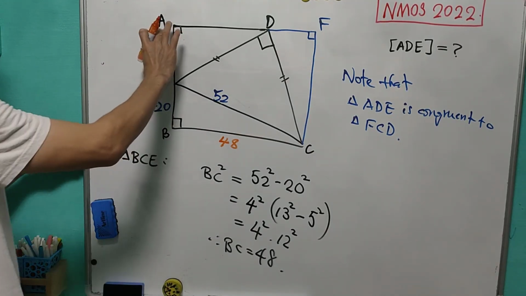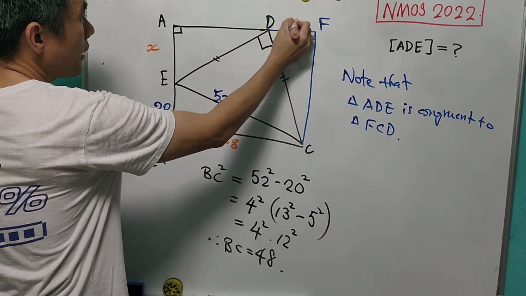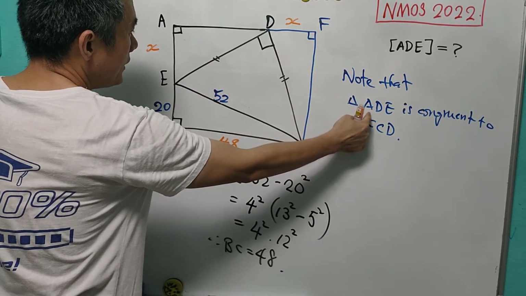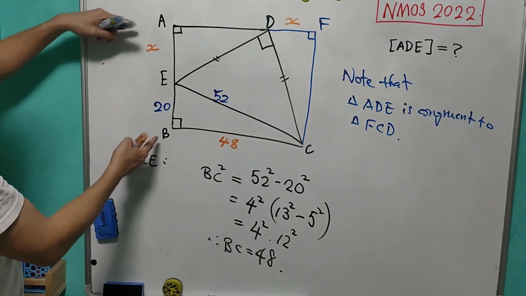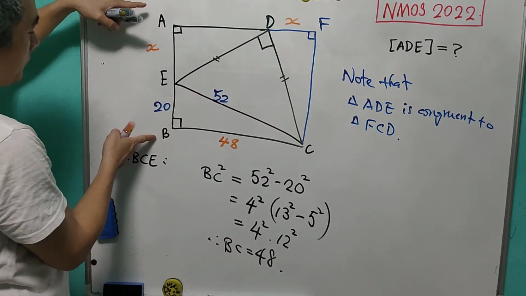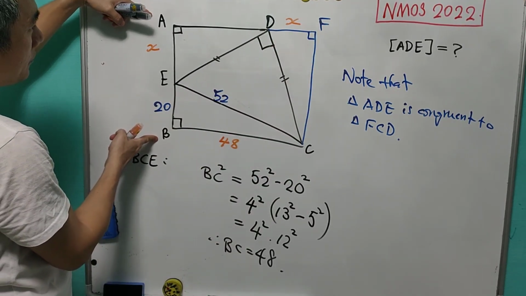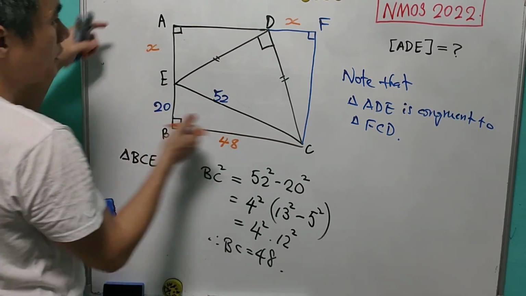Now, if we let AE equal X, then DF will equal X because the triangles AED and FCD are congruent. Since ABCF is a rectangle, AB will equal FC, and this is equal to X plus 20.